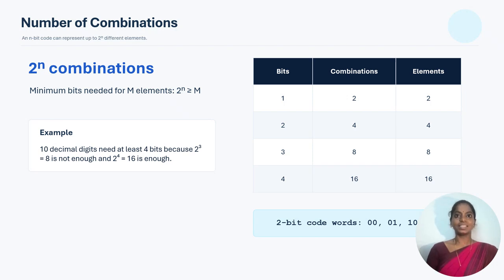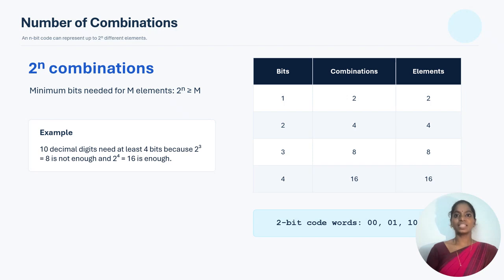To represent m different elements, the minimum number of bits must satisfy 2 power n greater than or equal to m. For example, 10 decimal digits require at least 4 bits because 2 power 3 is 8, which is less than 10.